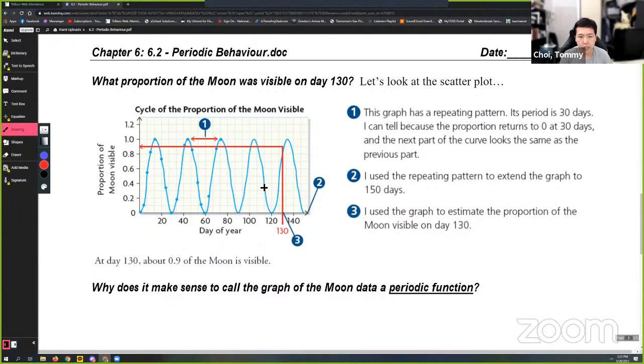Where's that repeating cycle? The repeating cycle, you'll notice, is this section here. If I were to mark it in black, it's this section. See how that constantly repeats? It goes up and down, up and down, up and down. That would be a repeating section.